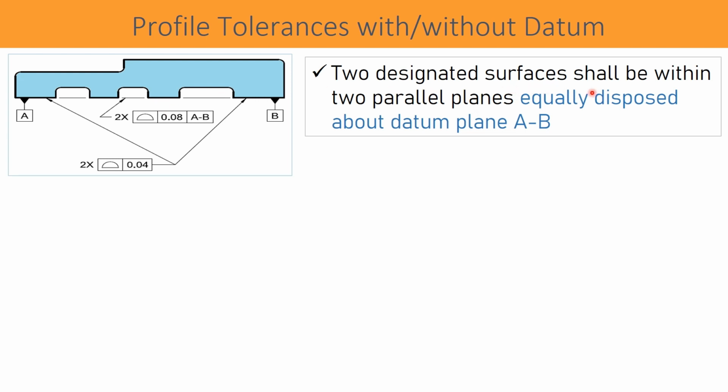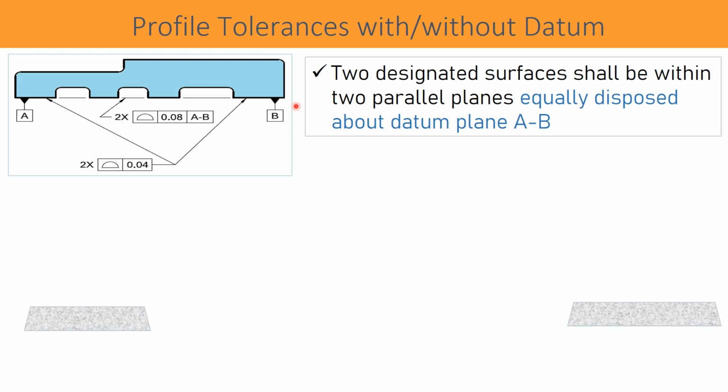Designated surfaces shall be within two parallel planes. These two surfaces must be within two parallel planes and that parallel plane zone is 0.08. And for these two surfaces, the tolerance zone is equally disposed about datum plane A and B. So, the tolerance zone is equally distributed from A and B plane.